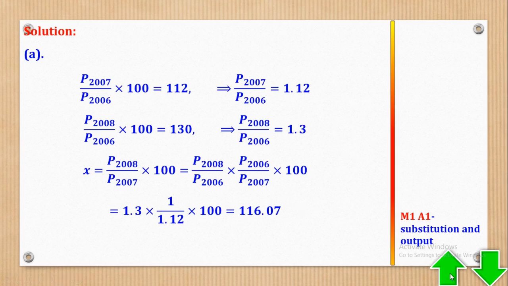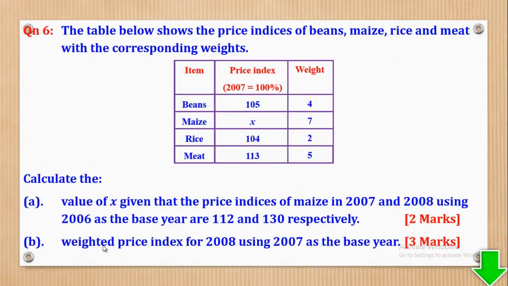Now for part B, they asked for weighted price index for 2008 using 2007 as the base year. Now weighted price index, when they don't specify, remember there are two, there is weighted aggregate and weighted average. Now when they don't specify whether they want average or aggregate, always get weighted average price index.